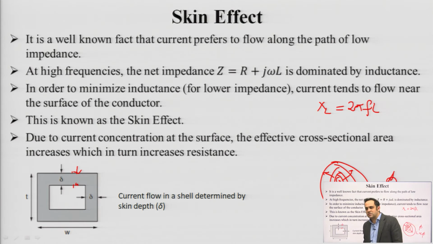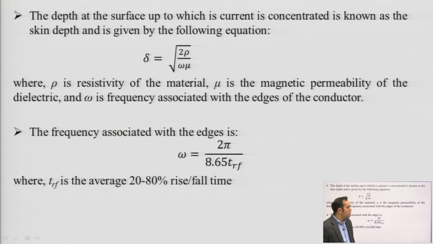This delta is known as the skin depth, defined as the depth at the surface up to which current is concentrated, and given by the equation square root of 2 rho by omega mu.